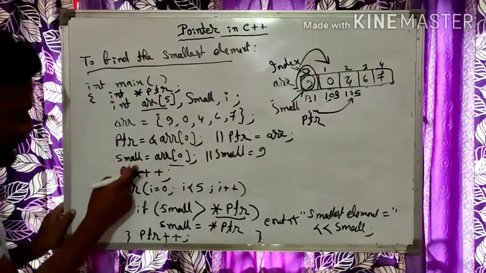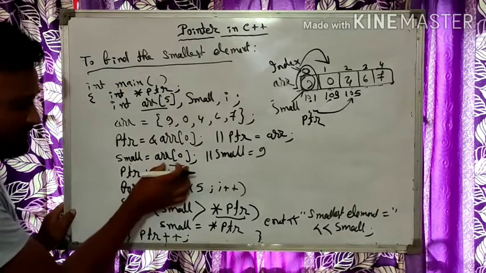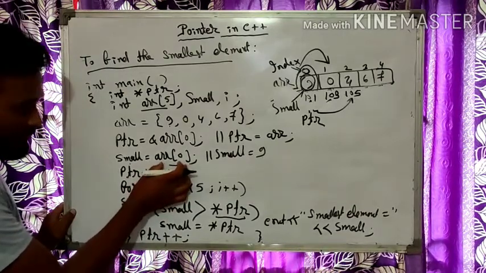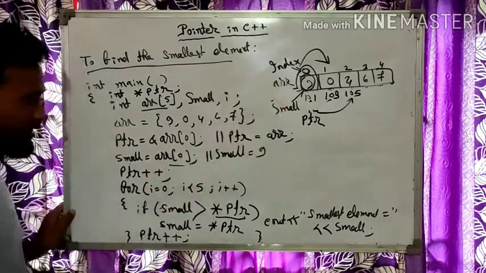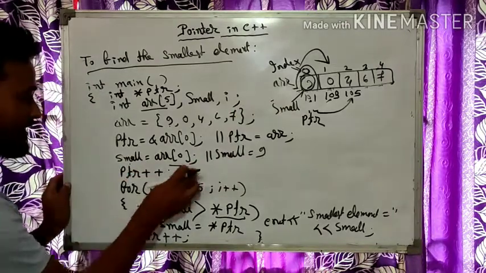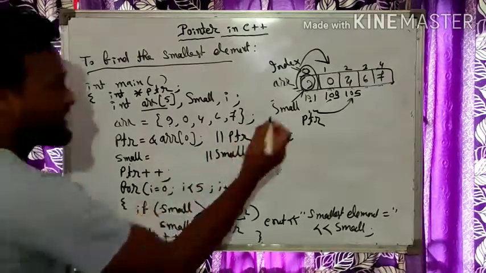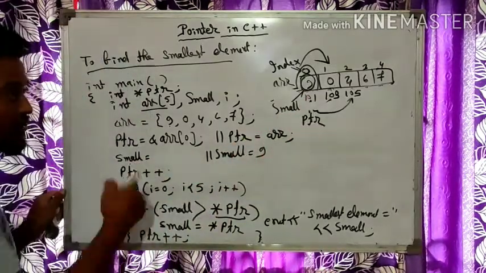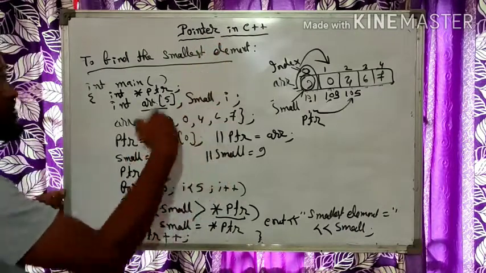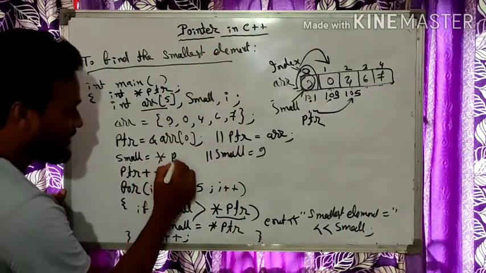Now if you look here, small equal to array 0, this is the index we are talking about. Now in this case, because we are assigning the smallest value, we are assigning 9 to the variable small. Since we are talking about this pointer, we can represent it like this also, asterisk ptr.